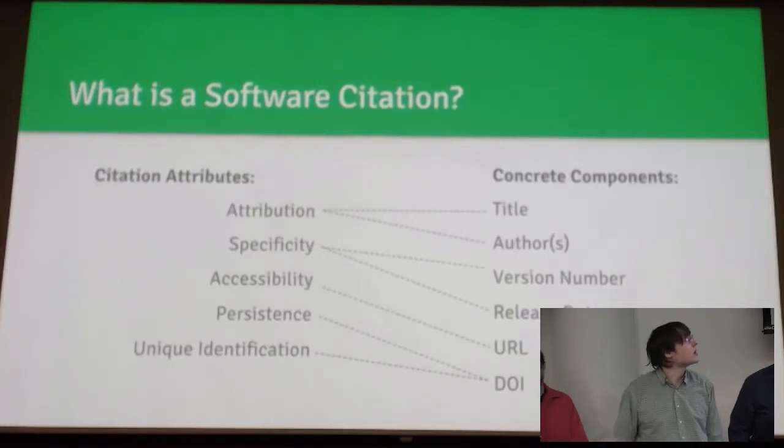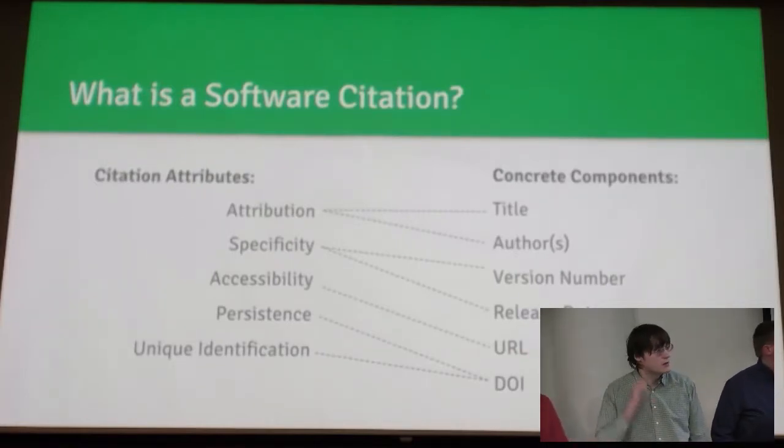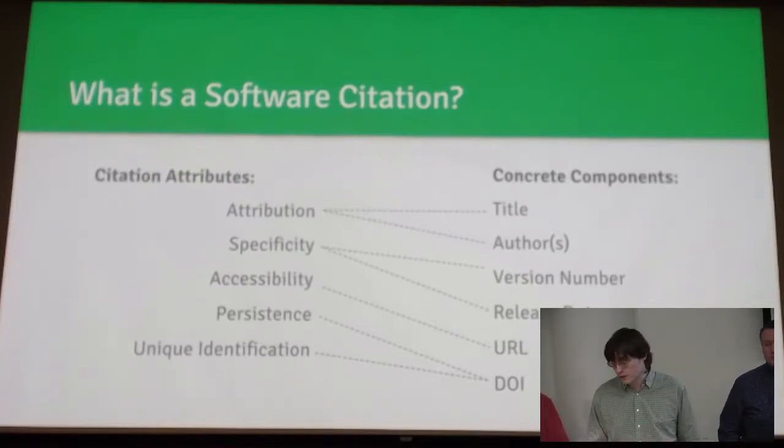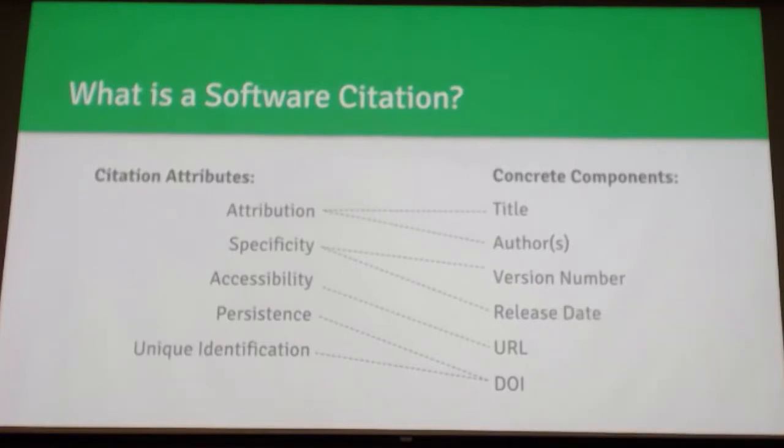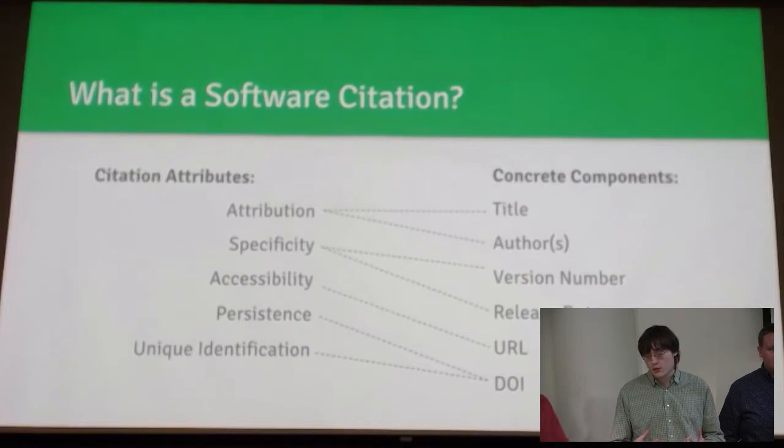So we based our citation attributes off of a Force 11 working group's paper about citing software in research. Specifically, the primary concerns of attribution, specificity, accessibility, persistence, and unique identification. We provide attribution through providing the title of the repository and the authors who contributed to it.